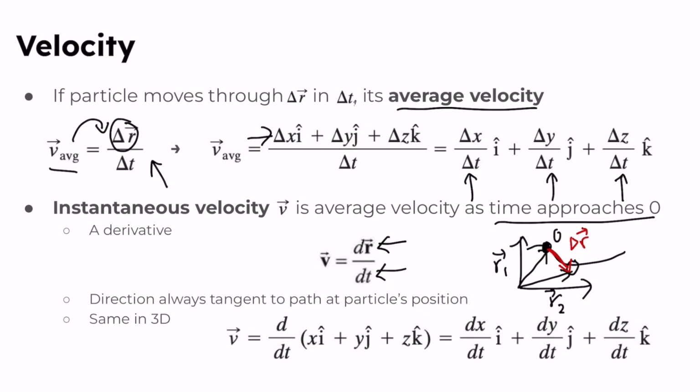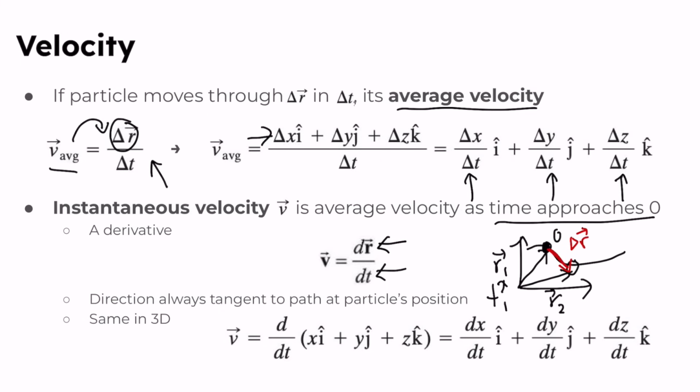And so basically when we shrink the time interval delta t to 0 about t1, so let's say that we want to find the instantaneous velocity of a particle at t1 when it was at r1. So t1 corresponds to r1. So we shrink the change in time to 0 about t1.